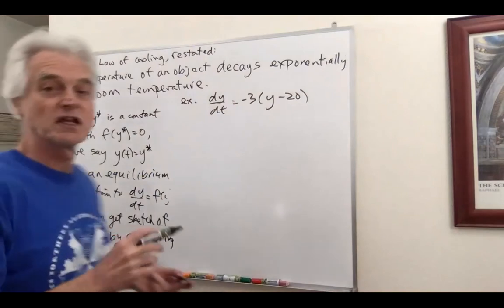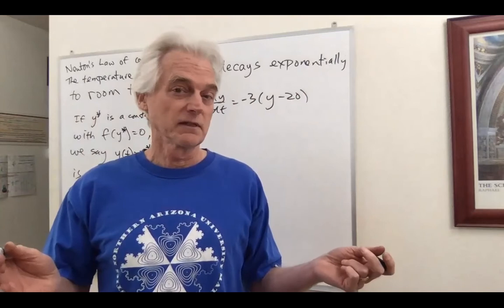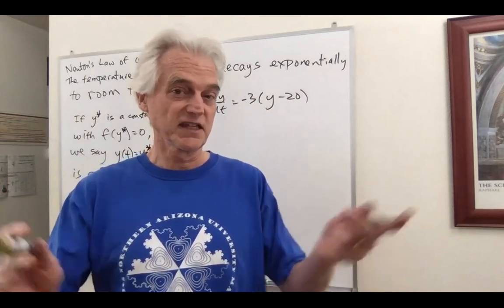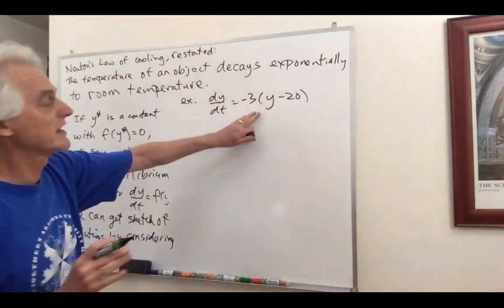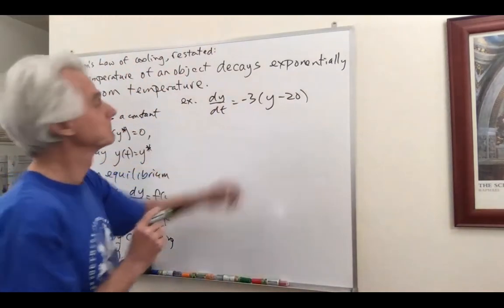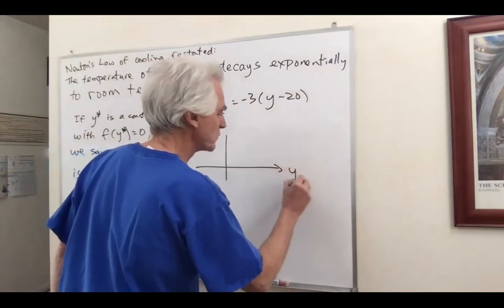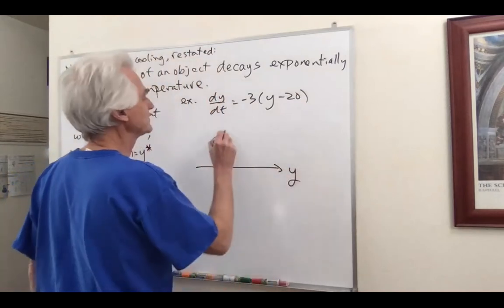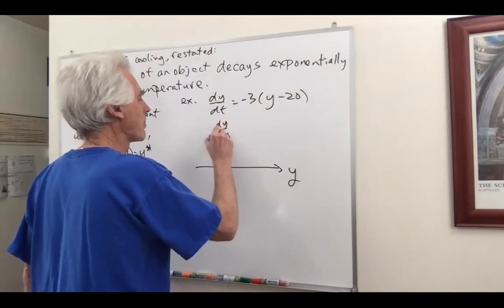Okay? So Newton's law of cooling doesn't say that, in the year 1668, something happens and 10 years later there's a different rule. The rule has no explicit time in it. All right, so what I do is I plot dy dt versus y. Look at y. That's y, and I plot dy dt.